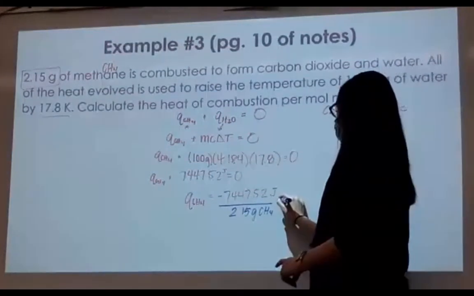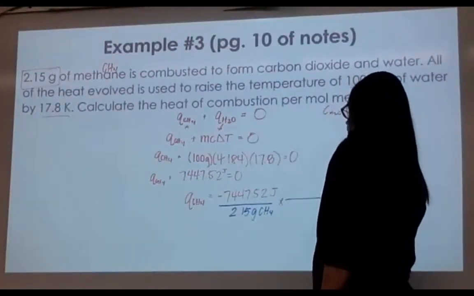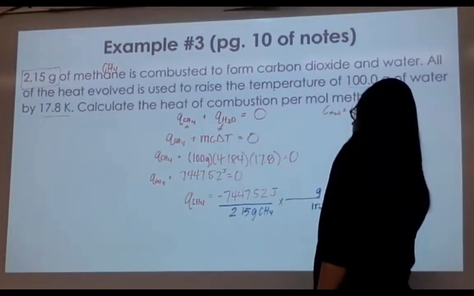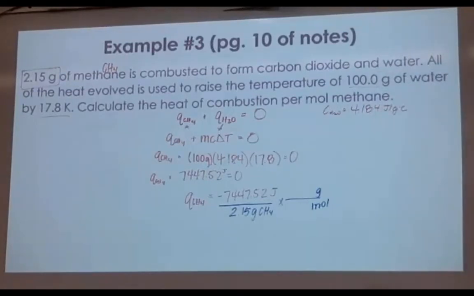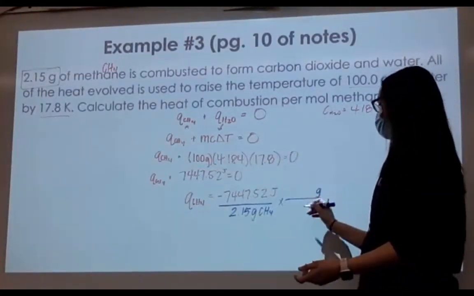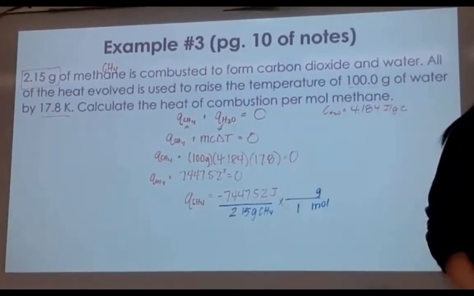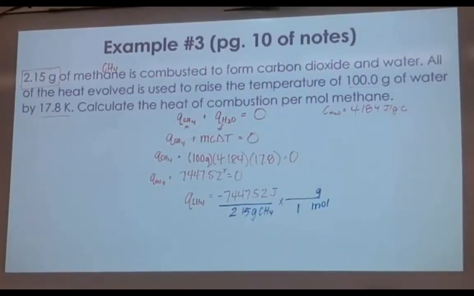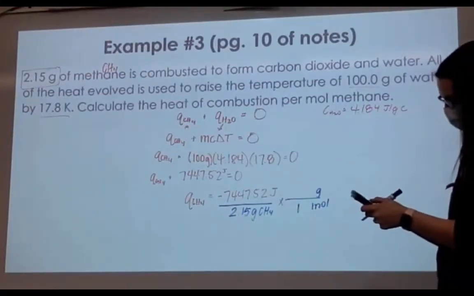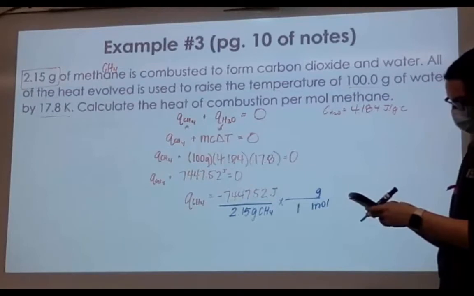But delta H wants us to put it in joules per mole. So it's just one extra step. To go between grams and moles, we need the molar mass of methane. So 12.01 plus 4 times 1.008.